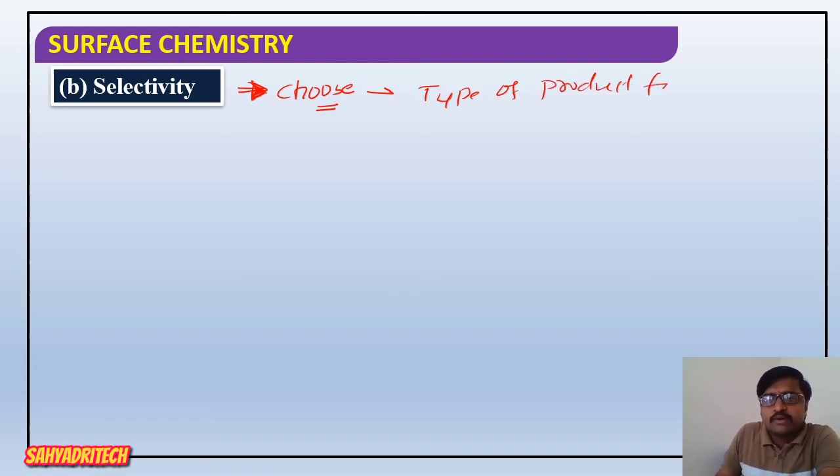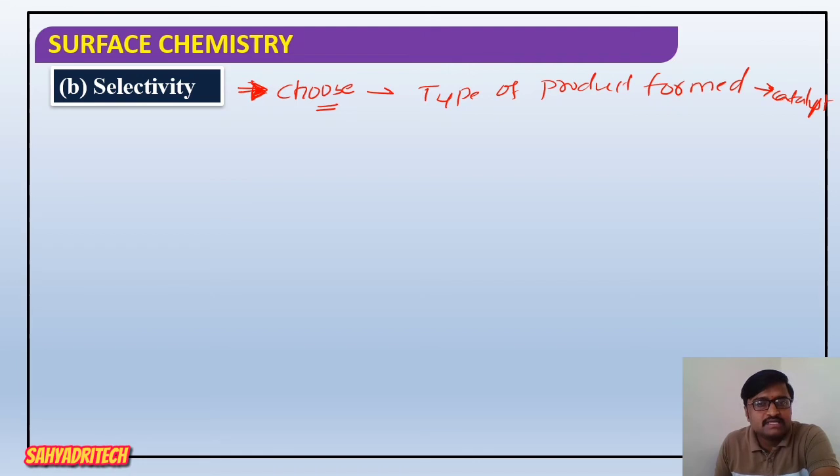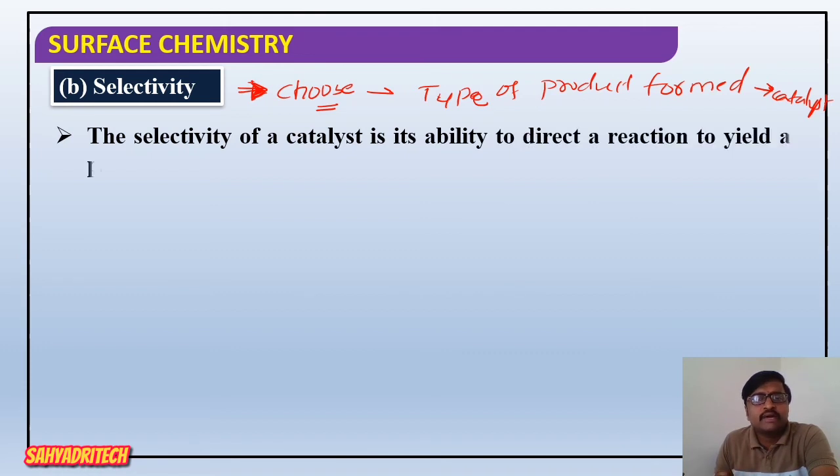The type of product formed is selected by the catalyst. A chemical reaction is going to give a particular product, but the type of product formed even depends on the presence of a catalyst. If you use a different catalyst, we are going to end up with different products, which means the catalyst has a tendency to direct the reaction to give a particular product.